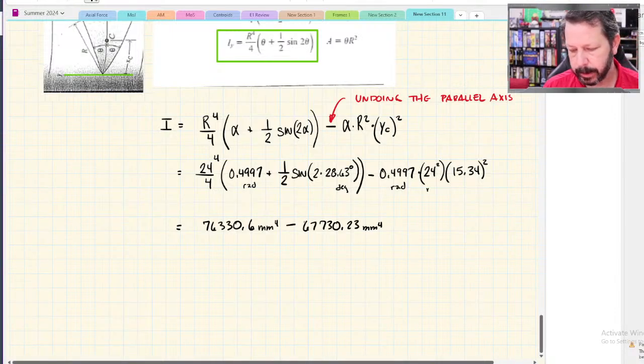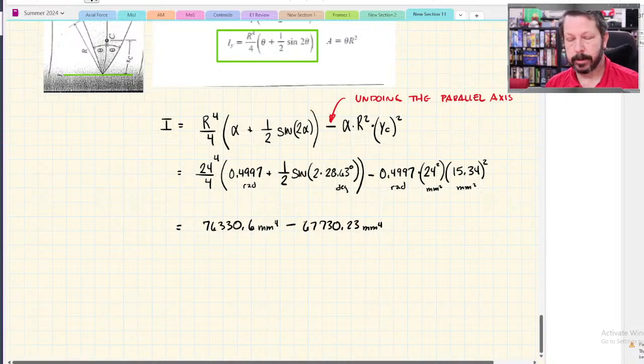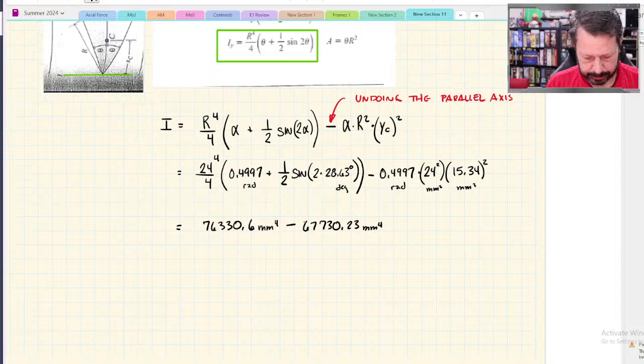Here I've got millimeters squared with the 24 and millimeters squared with the 15, and so millimeters to the 4th total. 76330.6 minus 67730.23.